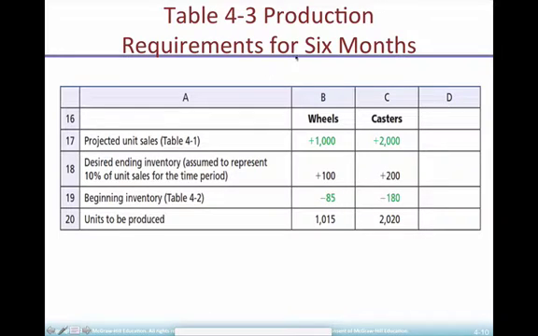So the production requirements for the 6 months for the first good is 1015 units to be produced. We do the same thing for the second good, casters. I want to sell 2000 units for the next 6 months. Then I want to end up with 10% of 2000 in my ending inventory, 200 units, and I subtract the existing beginning inventory. So that's my production requirement here.